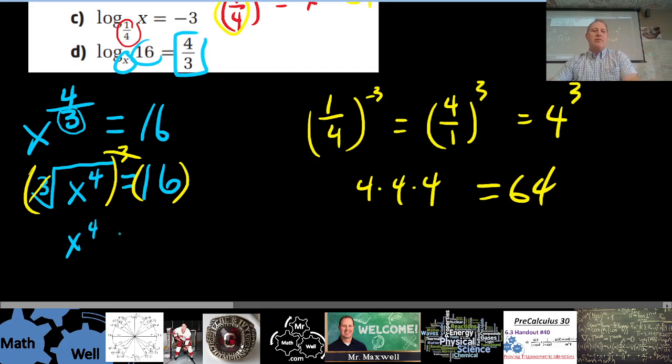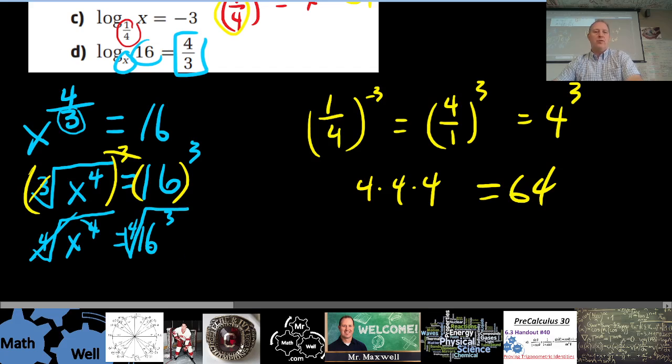This is now x to the 4th equals 16 cubed. So you can evaluate this if you want on your calculator, or you can say I need to get x by itself. So getting rid of this to the power of 4 is taking the 4th root. So that gets rid of that, and I have to do the same thing to the other side.